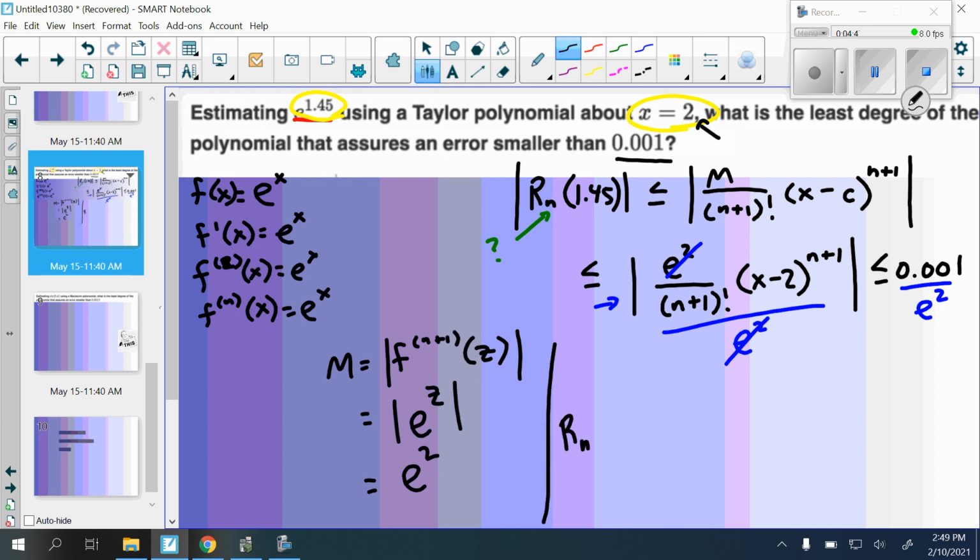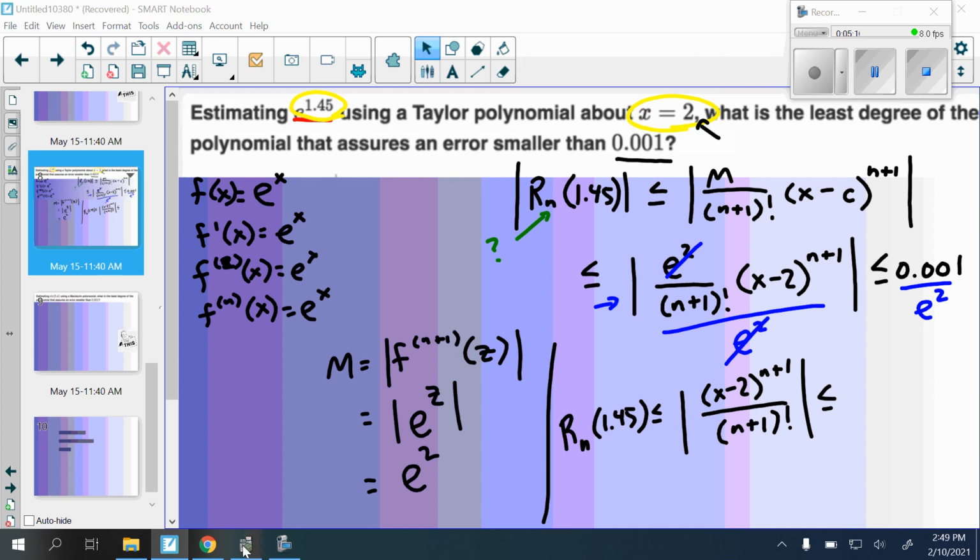We don't know the value of n, but we know the stuff left in this absolute value here, x minus 2 to the n plus 1 power over n plus 1 factorial. We want it to be less than or equal to 0.001, but we're going to divide by that e squared to get that value out.